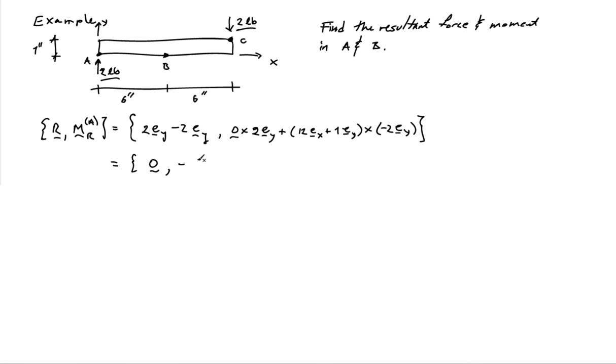So out of this I'm going to get minus 24 EZ, and the units here are pound inches. So that's the characterization of the force system in A, and if I'm going to draw that, I can draw my system. There's no net force in A, but there is a moment of 24 pound inches, or inch pounds, depending on how you want to say it, both equivalent to each other.